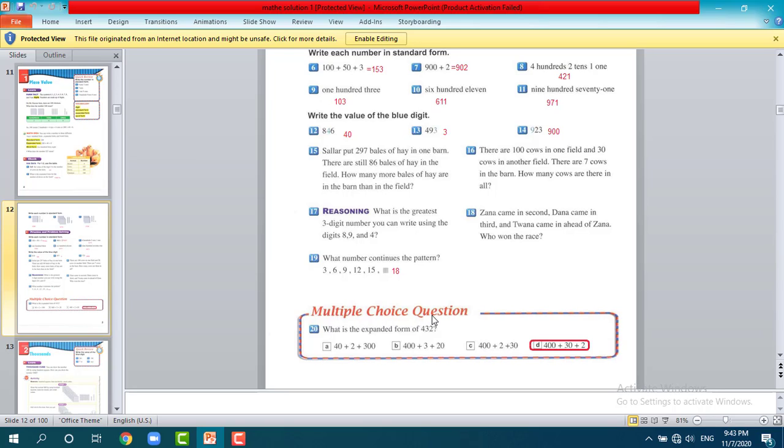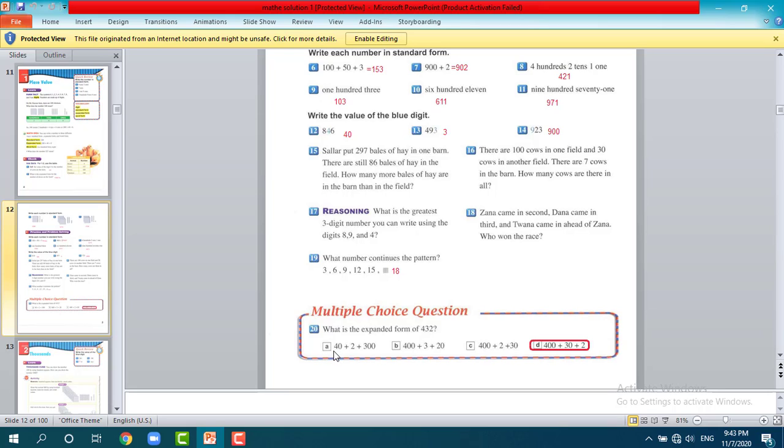Multiple choice question. In equation 20, it asks what is the expanded form of 432. In expanded form, first we write the hundreds, after that the tens, and after that the ones. Now we see the answers.